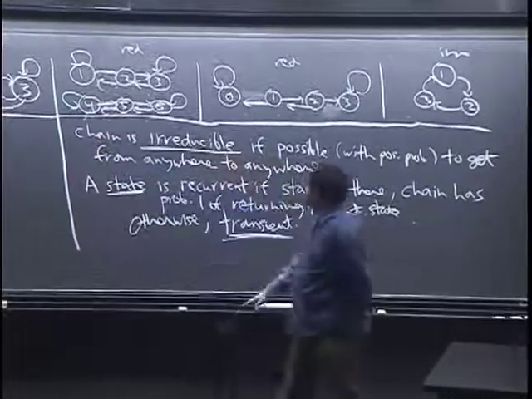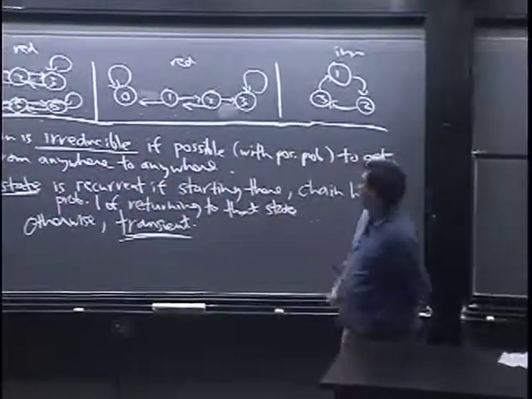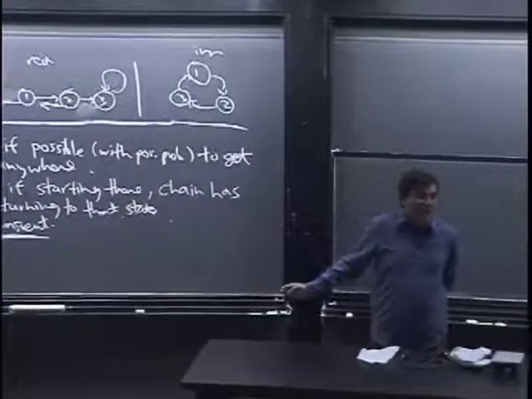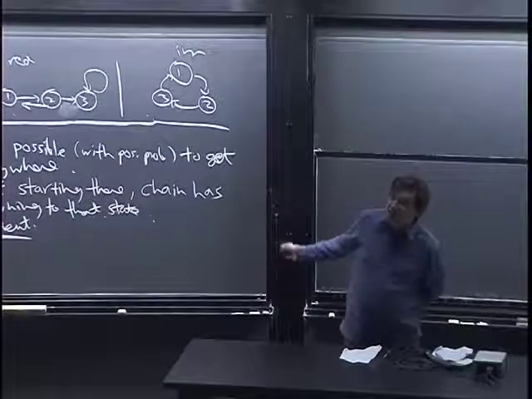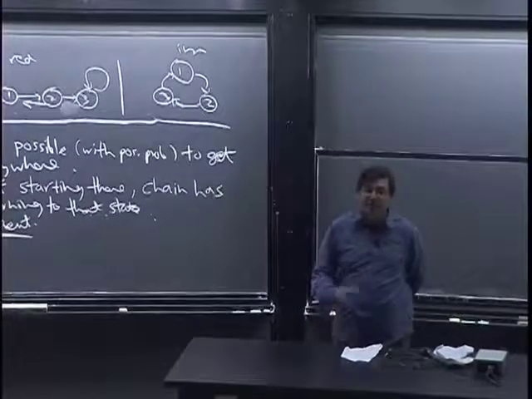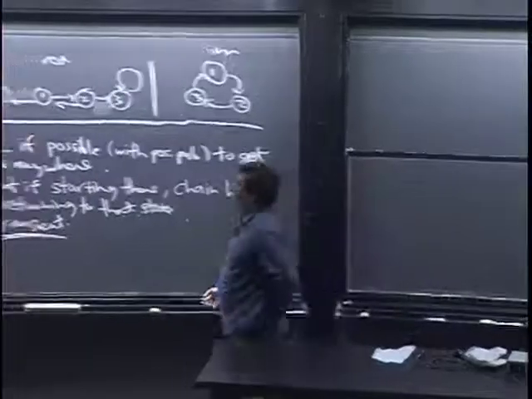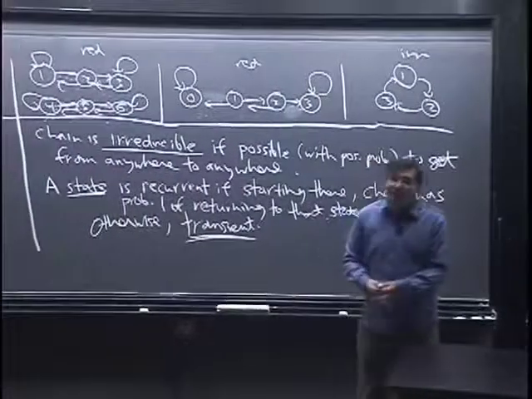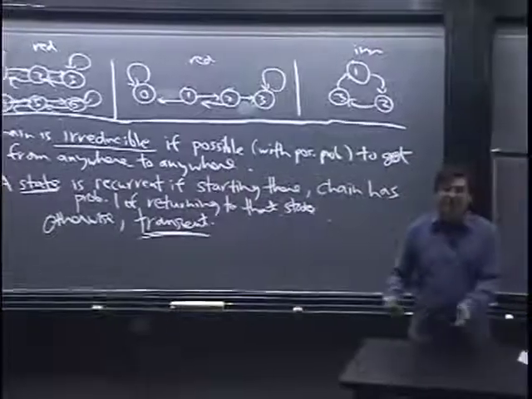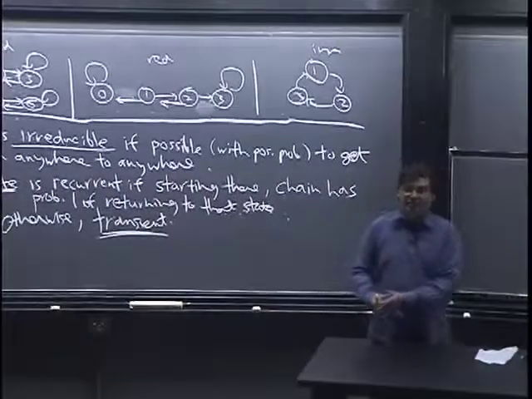Oh, by the way, I said that it will return with probability 1 to that state once. But if that's true with probability 1, then I can also say with probability 1 that it will return infinitely many times, right? If it's going to return once with probability 1, but then once it's back there, you could say, well, what if the probability of the second return somehow decreased and it got less and less likely each time?